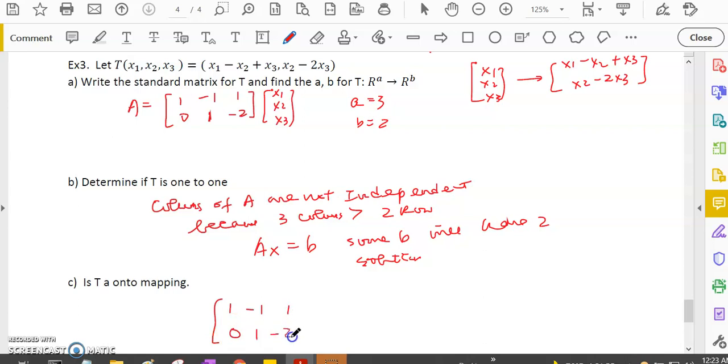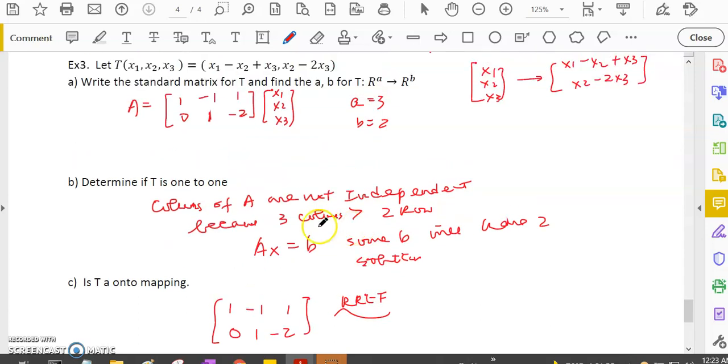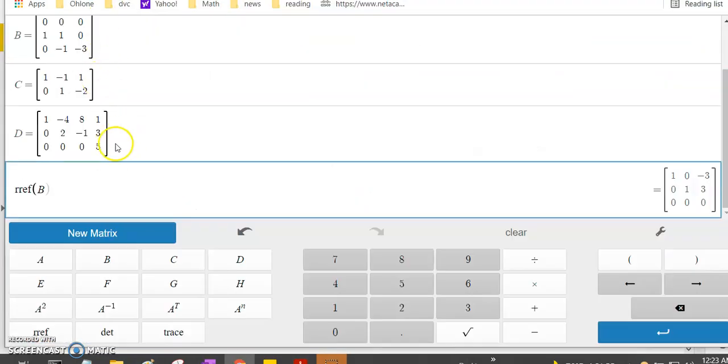Maybe it is because we only have 2 rows. If every row has a pivot position, then we are okay. So do a reduced row echelon form.